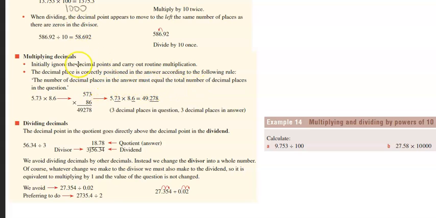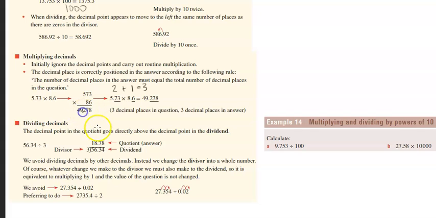What does that mean? This is saying that in the initial question, 5.73, namely the 73 here, there are two decimal places, or two numbers after the decimal point. For 8.6, there's only one number, which is 6. When you add these two numbers up, 2 plus 1, this will give you 3, meaning that we need 3 numbers after the decimal point.